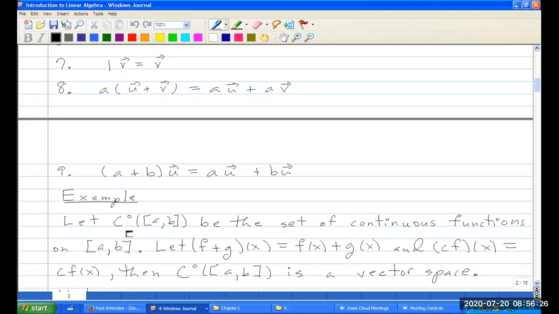Then I will define vector addition: f plus g at x is just f of x plus g of x. Next, c times f evaluated at x is just c times f of x. If we give this as vector addition and this as scalar multiplication, then C^0 on the closed interval [a,b] is going to be a vector space.